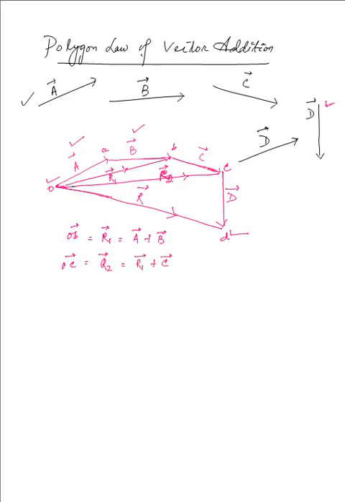It follows the triangle law of vector addition as well. And finally we have OD vector, which is the final resultant of this entire system of vectors that we have over here. So R vector is nothing but equal to R2 vector plus D vector.